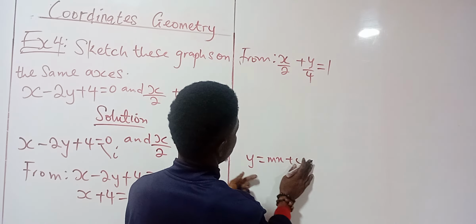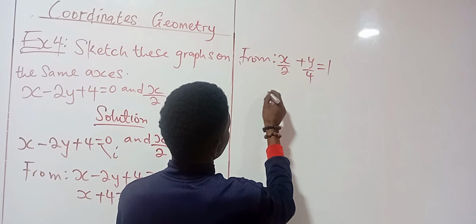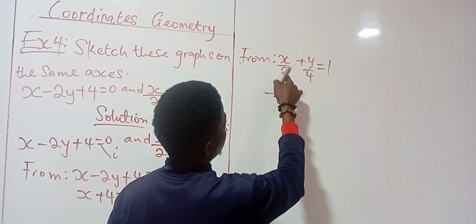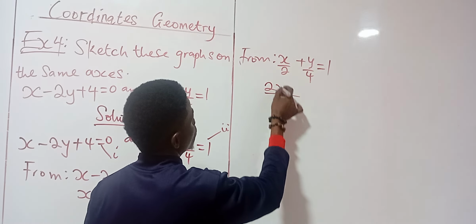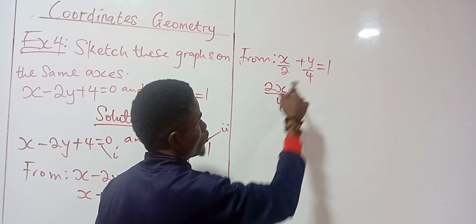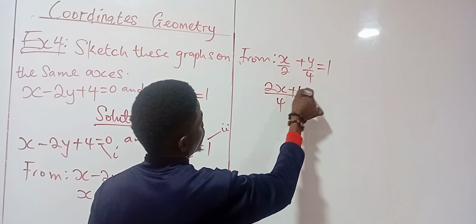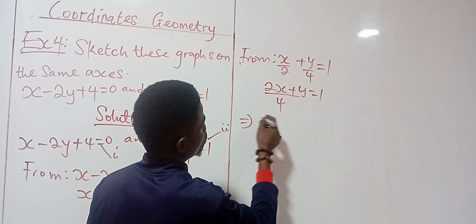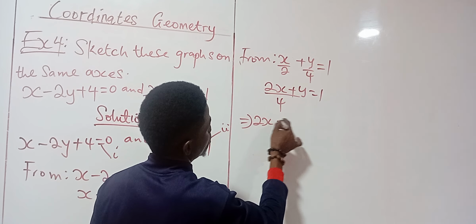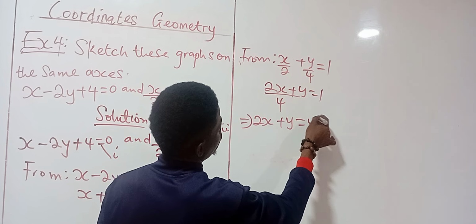So just look for the LCM. The LCM is going to be 4. How many 2 in 4? That is 2 times this, we have 2x, plus how many 4 in 4? That is 1 times this, we have y, then equal to 1. After that, just clear the fraction. We have 2x plus y equal to 4.